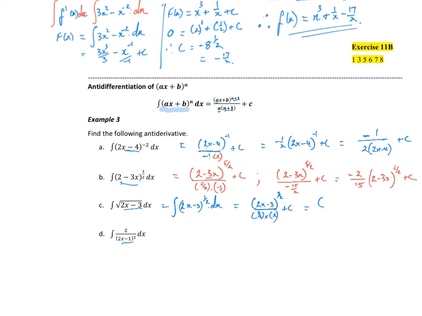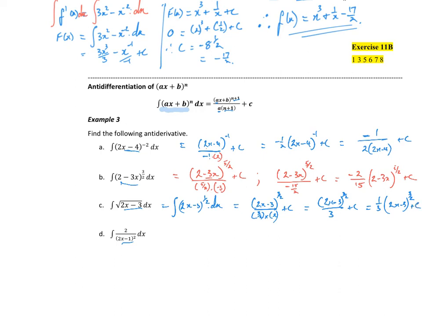So I get 2x minus 3 to the 3 on 2 over 3 on 2 times 2, which is 6 on 2, which is just 3, which typically we might bring that 3 out the front, to the 3 on 2, plus c.